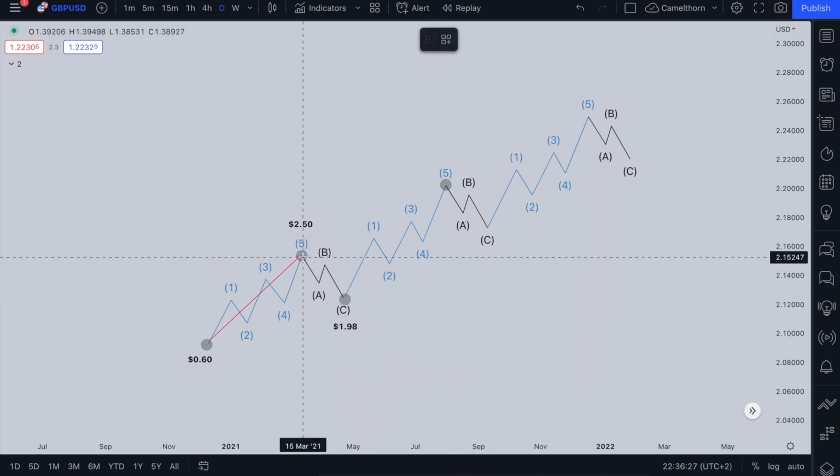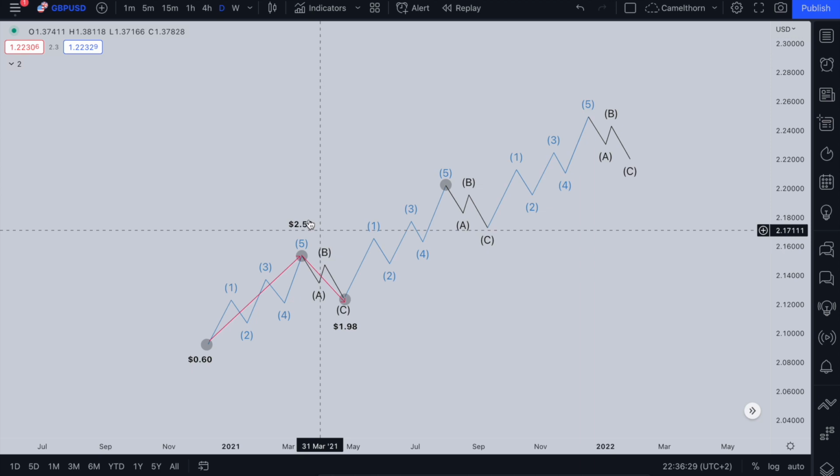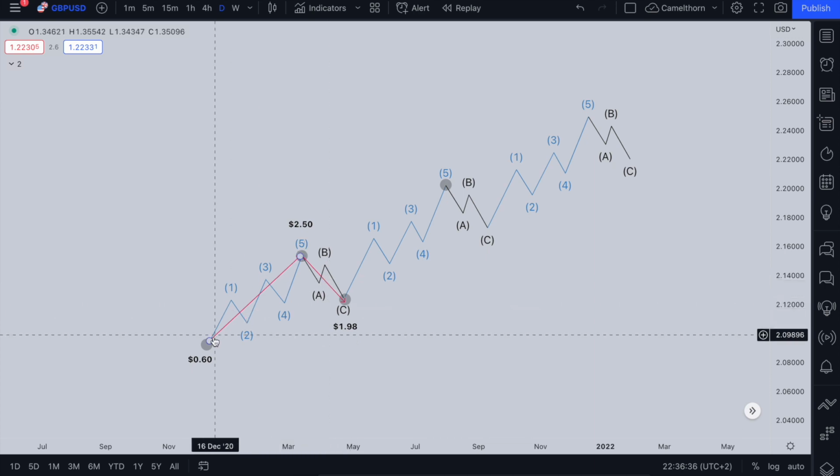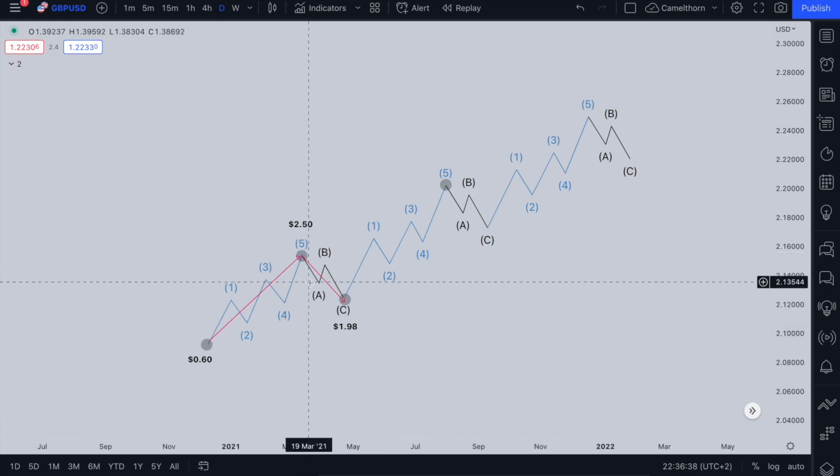Then we have a correction that pushes price down from $2.50 to $1.98. This is bearish relief of this bullish daily impulse. Within that, we've got 4-hour structure.